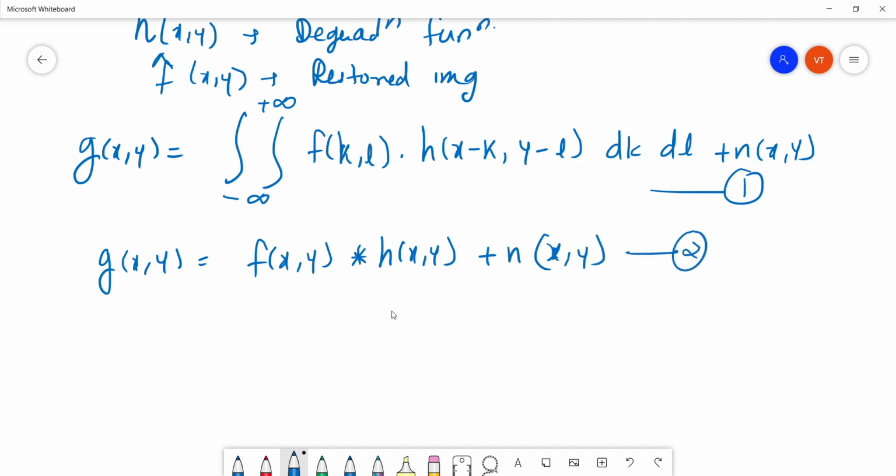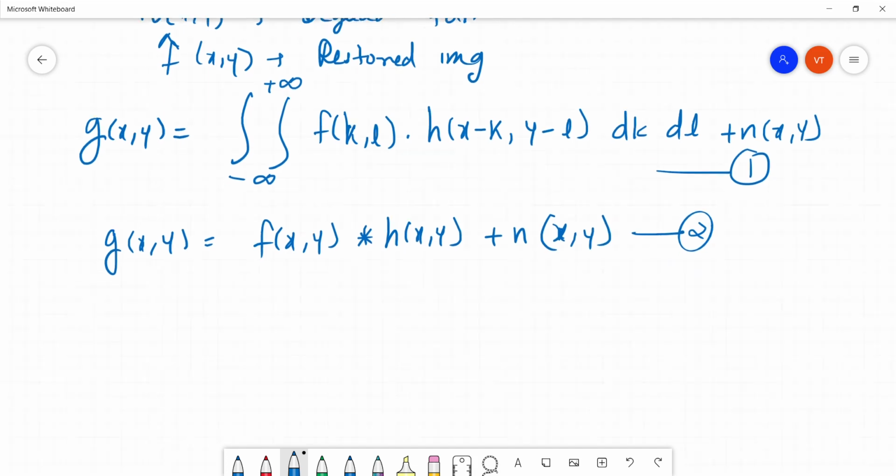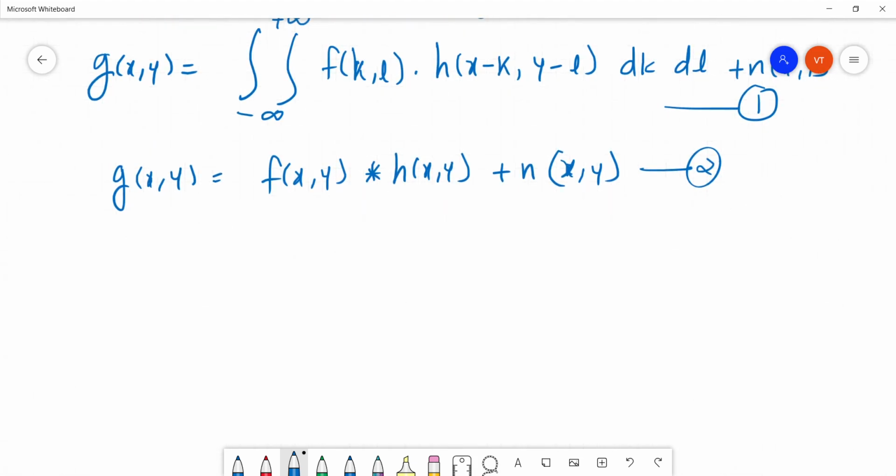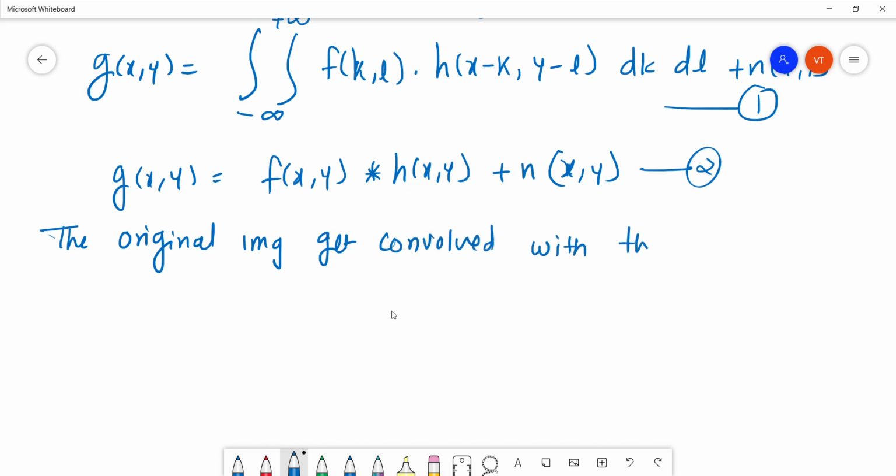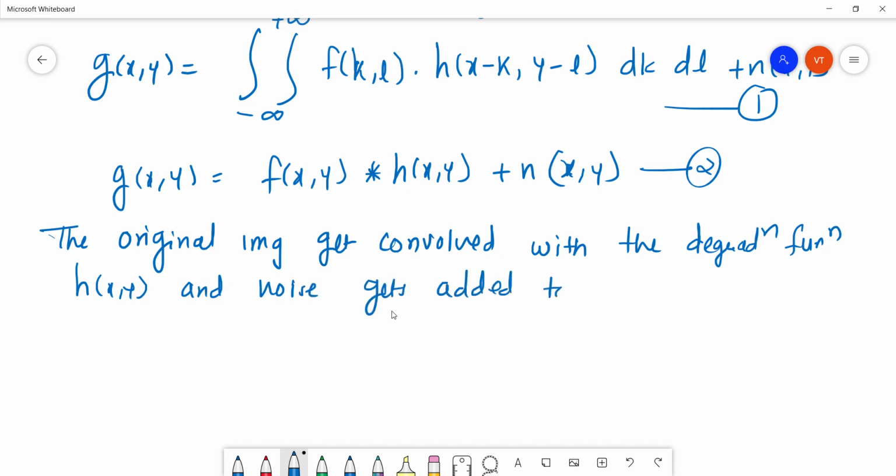This is equation number 2. In other words, the original image gets convolved with the degradation function h of x comma y, and noise gets added to it.